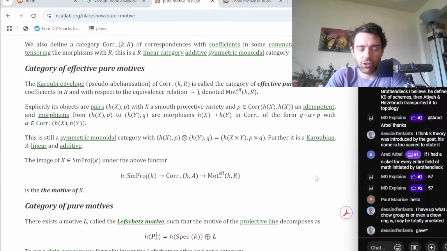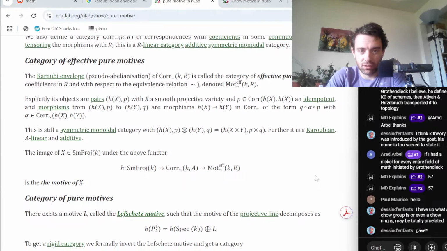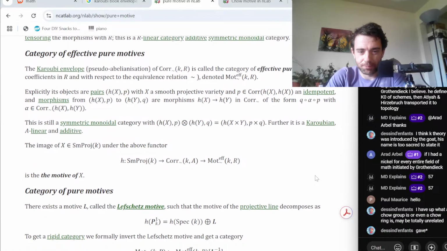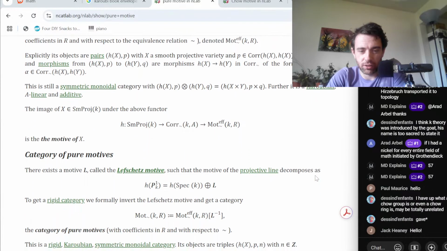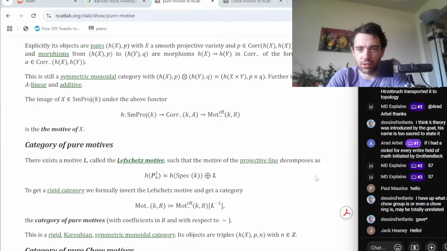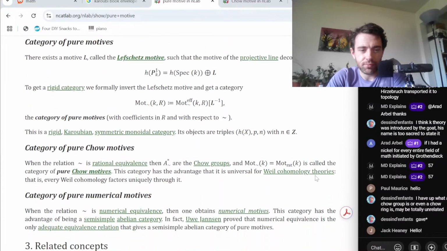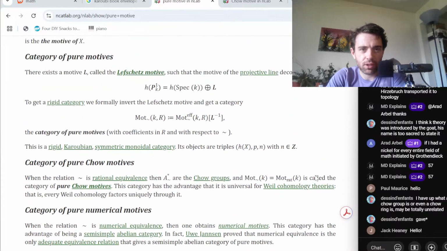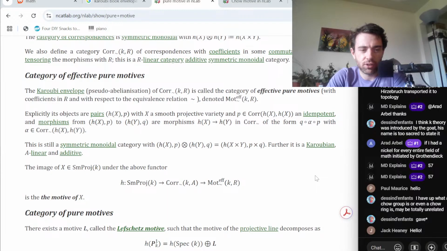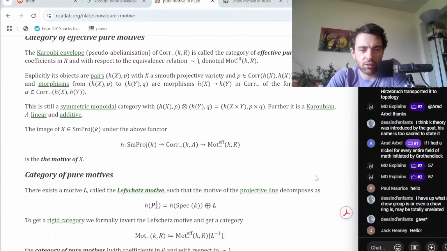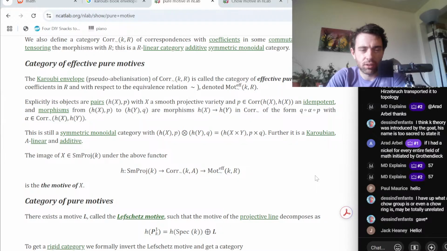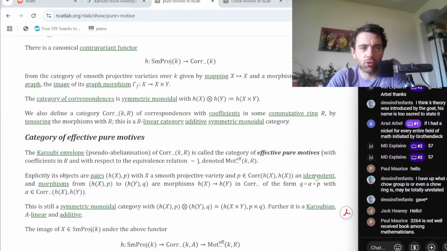But Chow groups aren't so bad. At least if you go try and understand the Chow group of a Grassmannian or something, that's a good place to start. Okay, I mean this makes a tiny bit of sense to me now. Karoubi envelope of the category of correspondences.